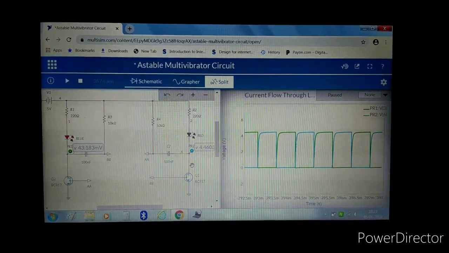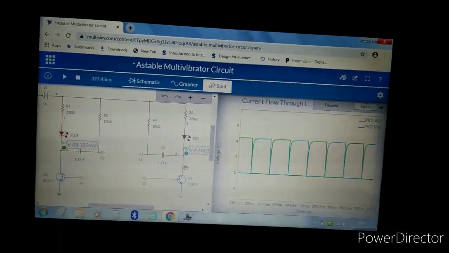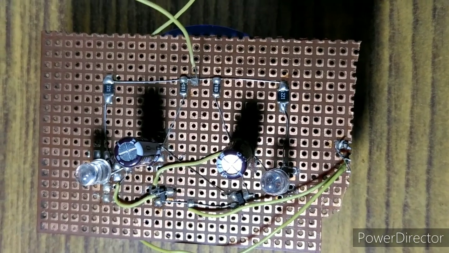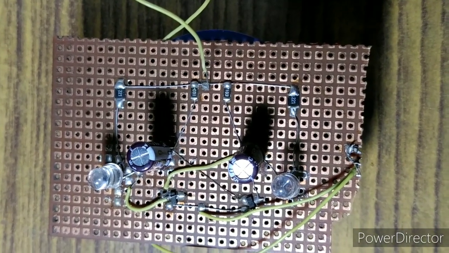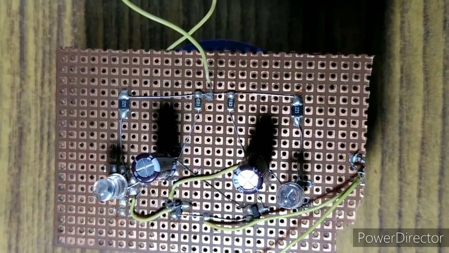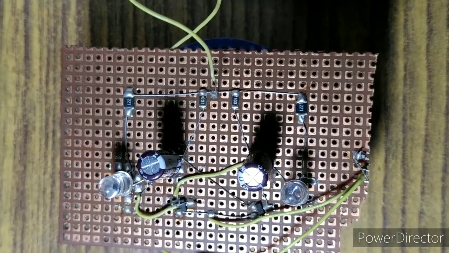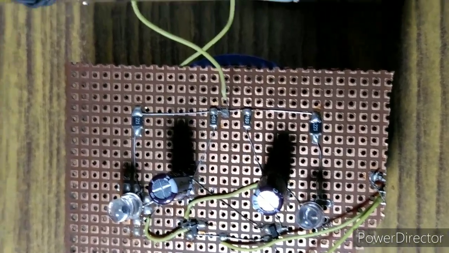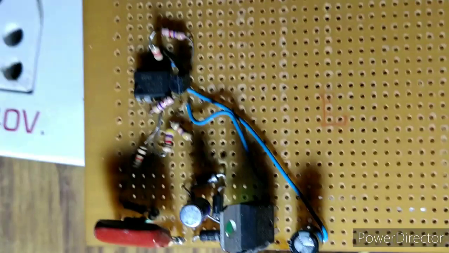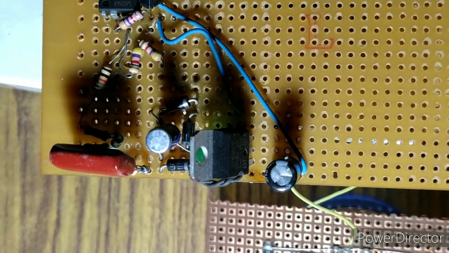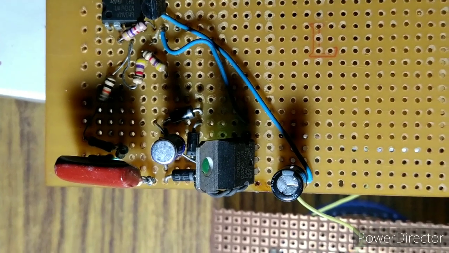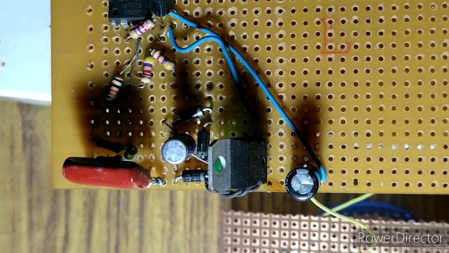So let's move on to the hardware circuit. This is the hardware that you are seeing on the screen, the astable multivibrator that I made by myself. This is the AC to DC conversion without transformer. It's a 5 volt output circuit that I put to my astable multivibrator circuit.